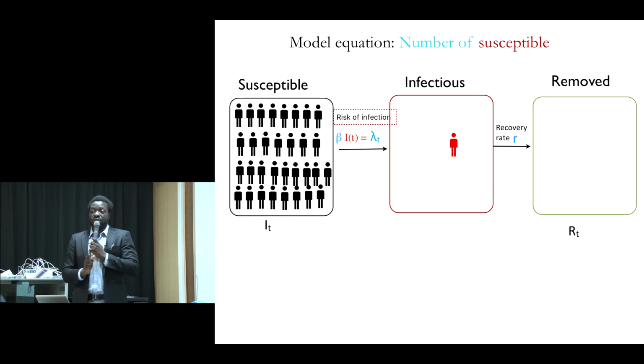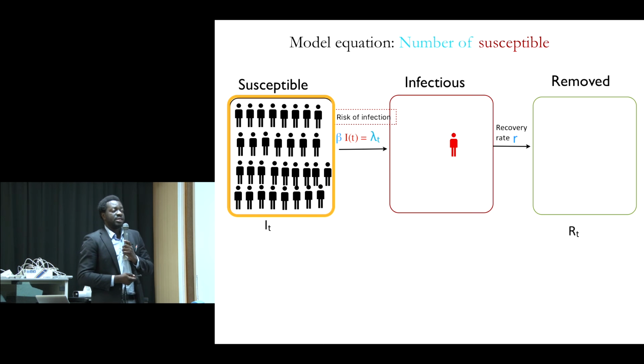No people means the risk is 0. But it doesn't only depend on how many people have the infection, it also depends on the transmission rate. What is the probability that the transmission will happen even if some people have infections here? So let's see it now.